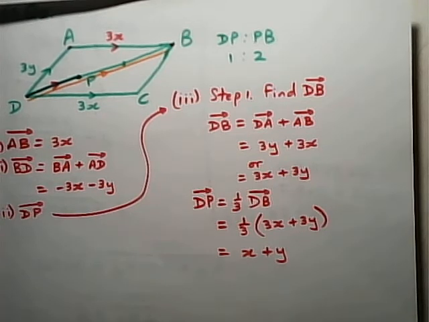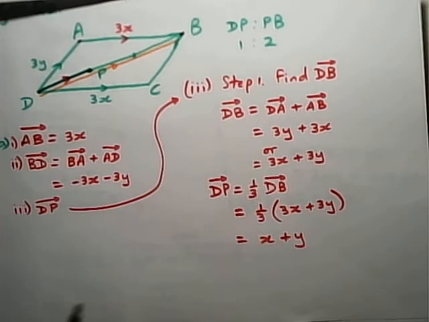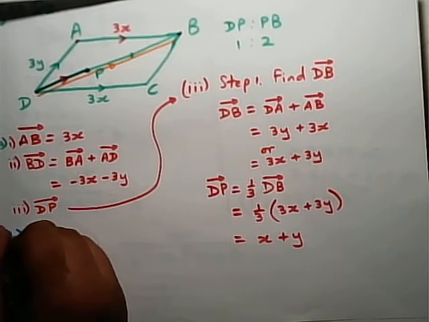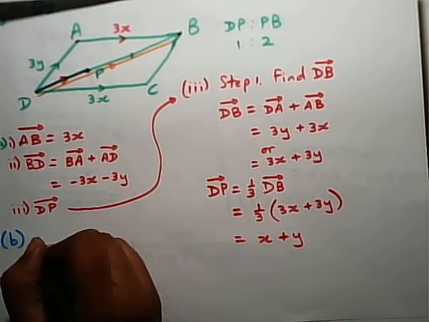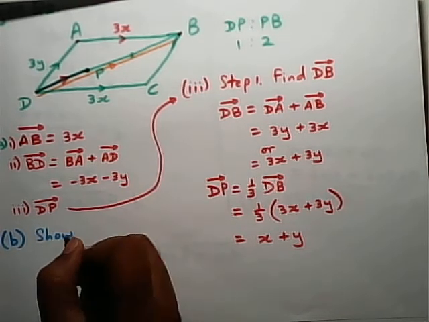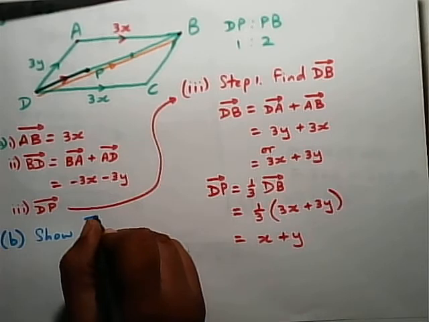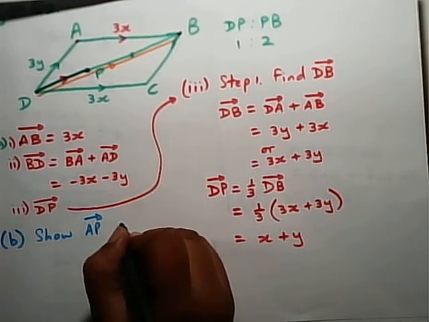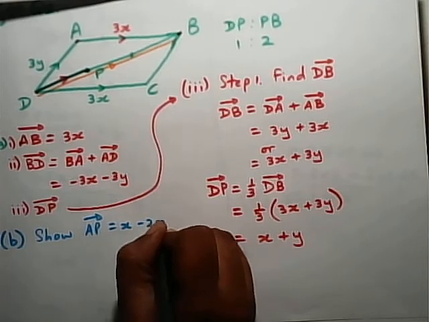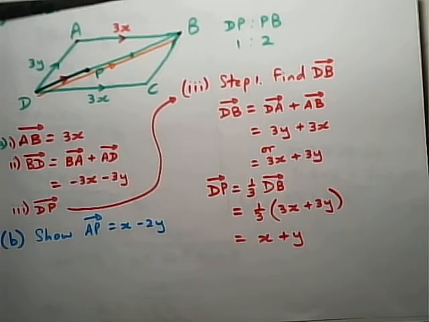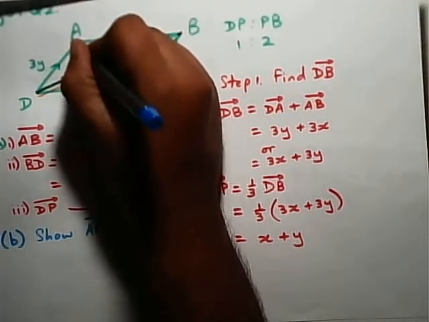Now we have a part B here. Part B says show that AP is equal to x minus 2y. This is AP here.